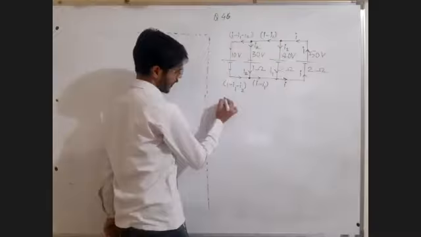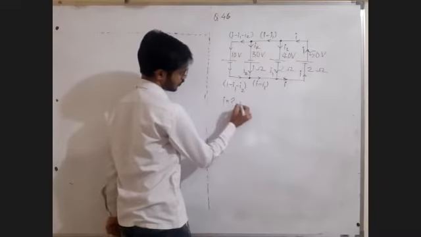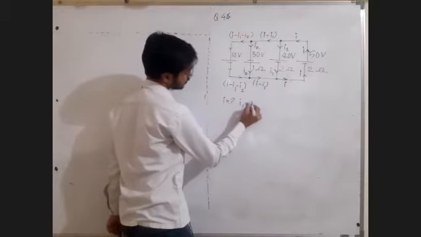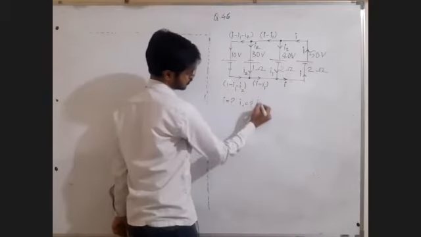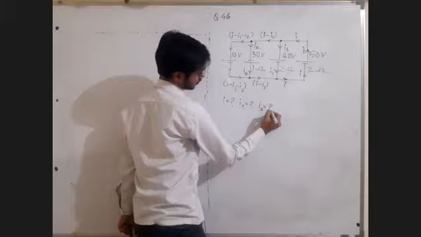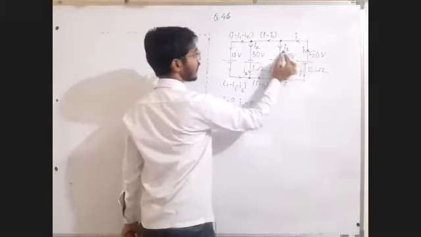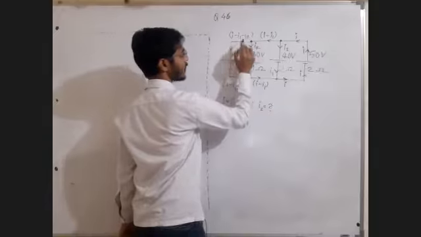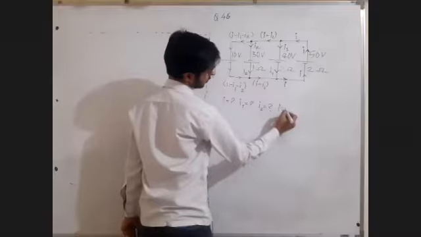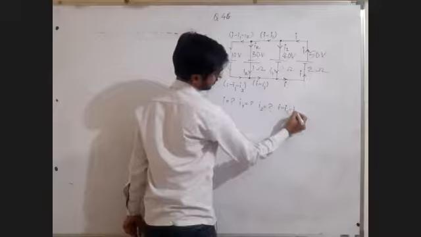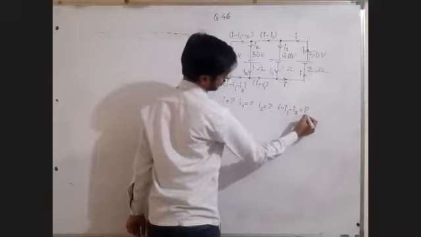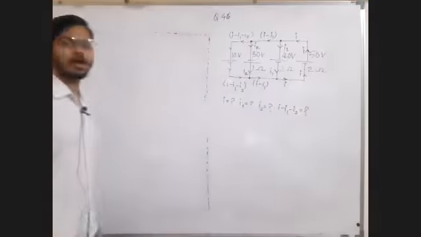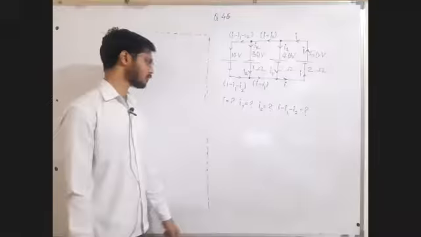We want to find I, I1, and I2, the current through each battery. These are the values that we want to find out. Tell me how many unknowns?